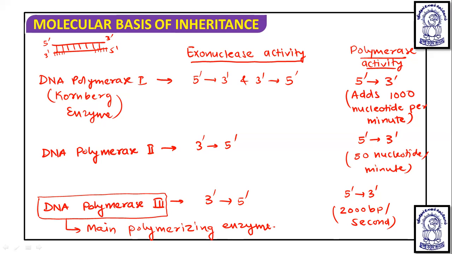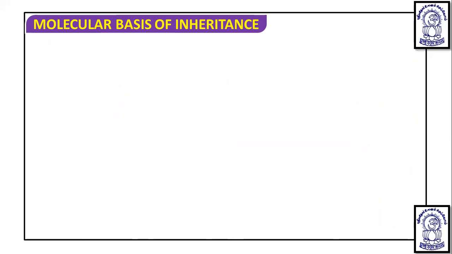Now after this three polymerases, we are going to talk particularly about how the replication occurs. The process of replication in living cells requires a set of enzymes, and the DNA polymerases are the main ones. These are all DNA dependent DNA polymerases.